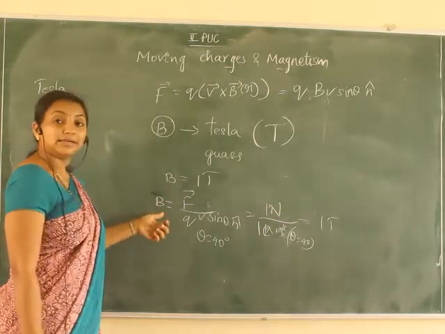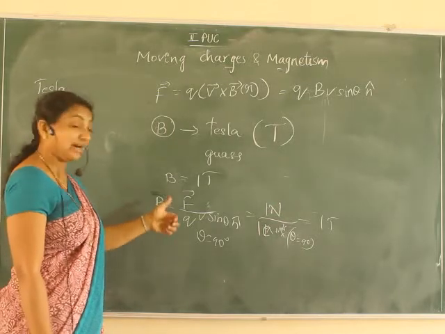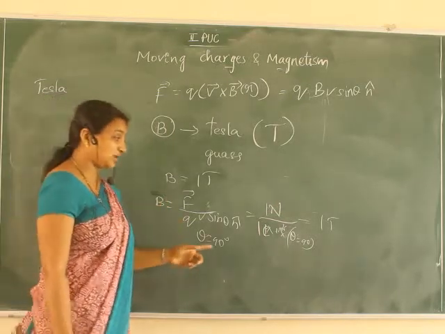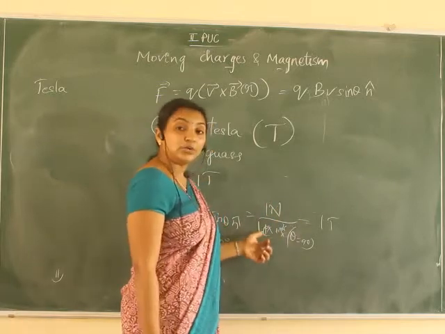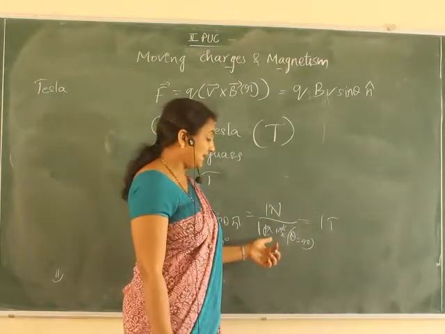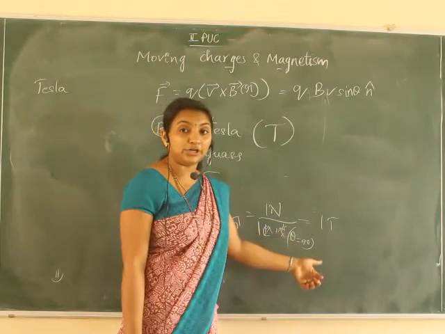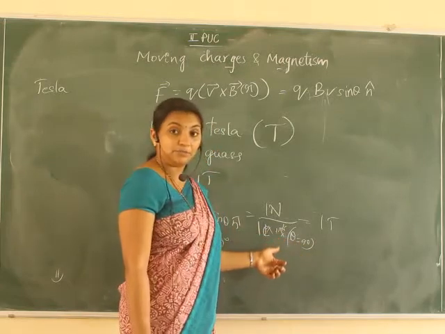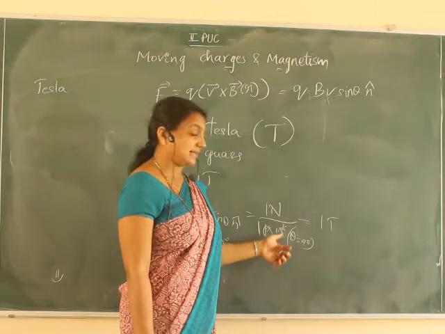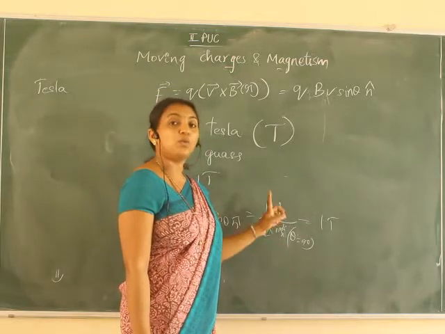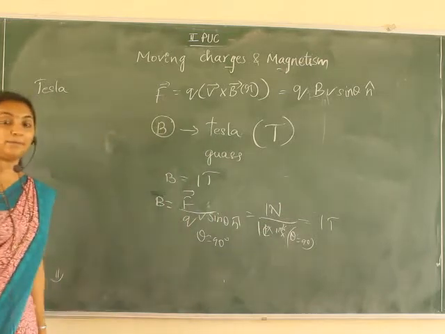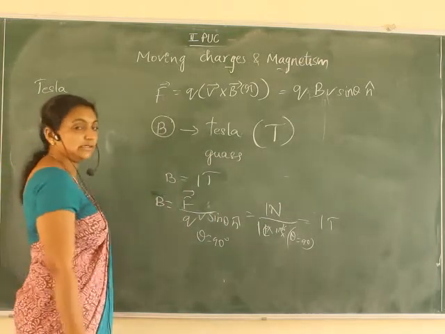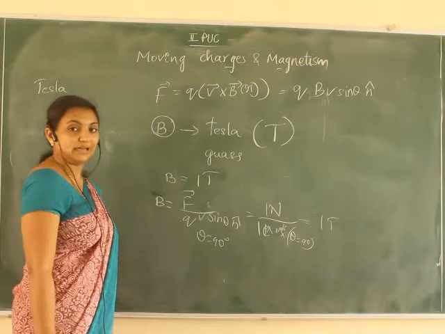The magnetic field is said to be 1 Tesla when a force experienced by a unit charge placed perpendicular to the magnetic field with the velocity 1 meter per second is 1 Newton. Understood? Very, very important question for 1 mark.